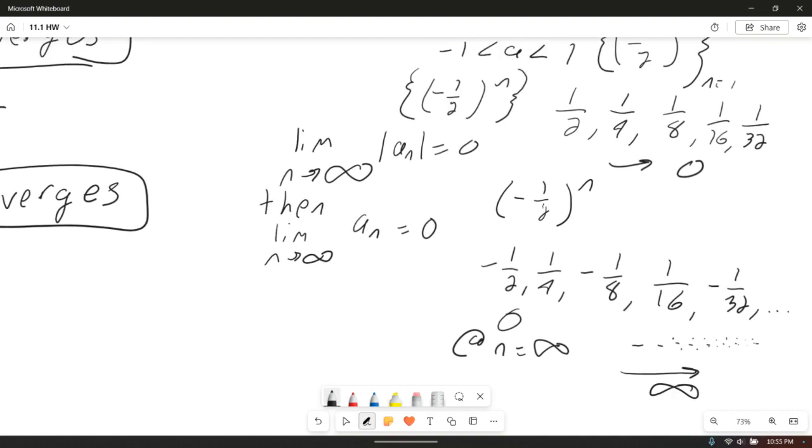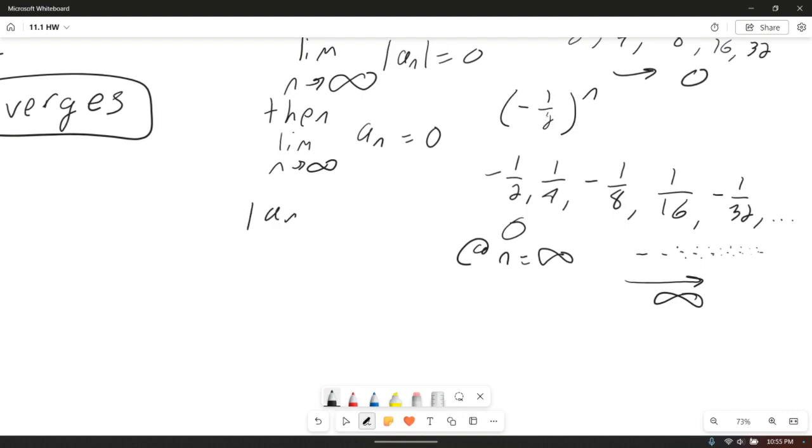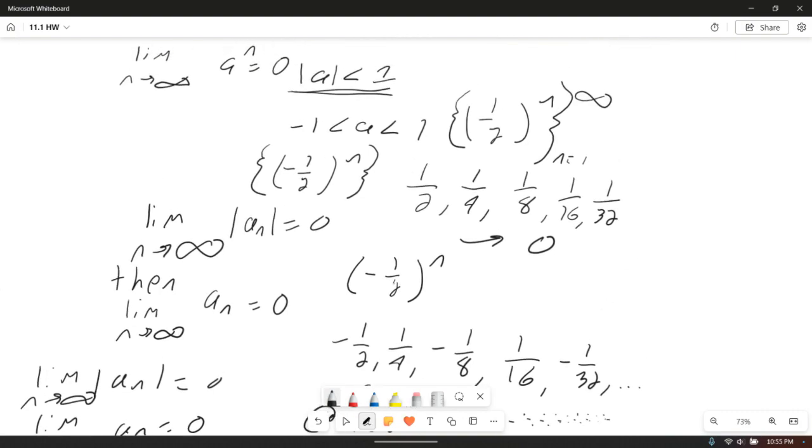So we could just say that if the limit of the absolute value of a_n of the sequence equals 0, that would be the same thing as the limit as n approaches infinity of just a_n equals 0, right? Case 1, we have this.